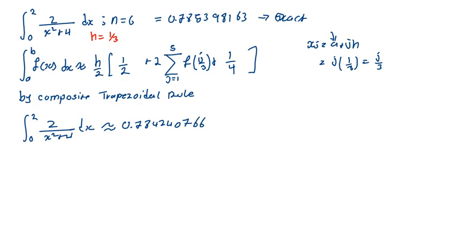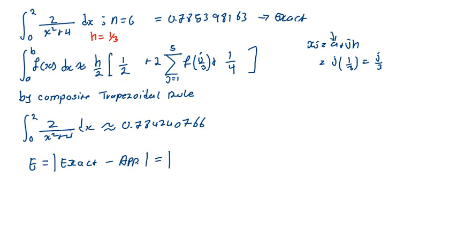So what are we able to do from here? From here now we can come up with our error. Our error is simply equal to the absolute value of the exact value minus the approximation. What's our exact value?